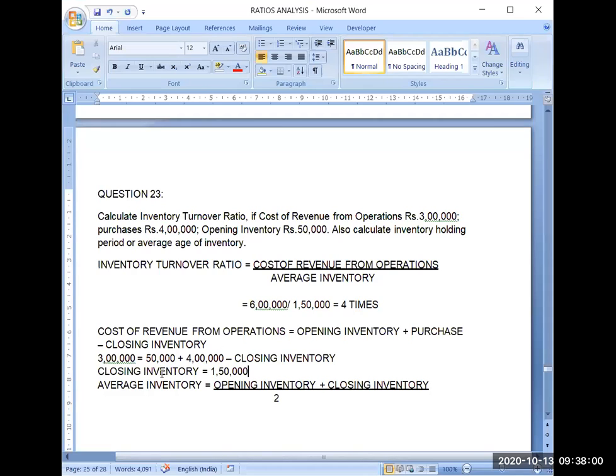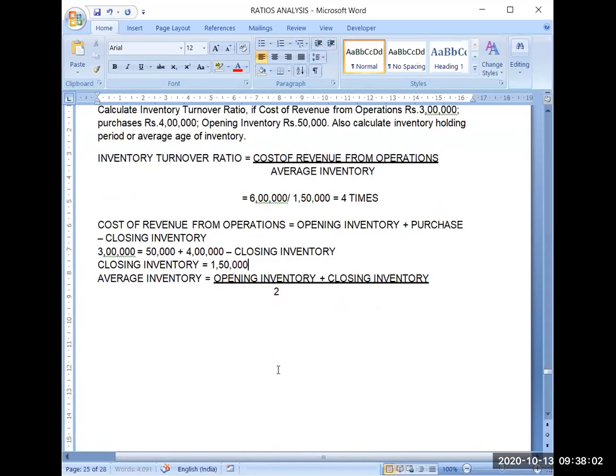So 4,50,000 minus 3 lakh, it will become 1,50,000. So now I got the value of opening inventory and closing inventory, I will be able to calculate the average inventory easily.